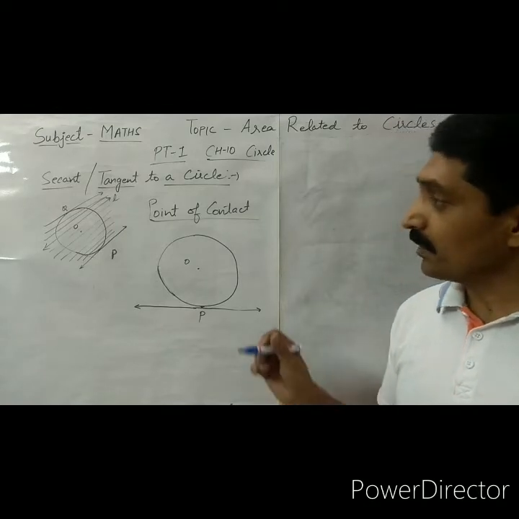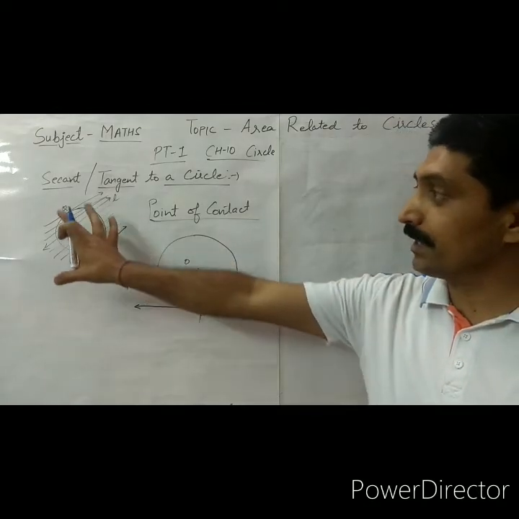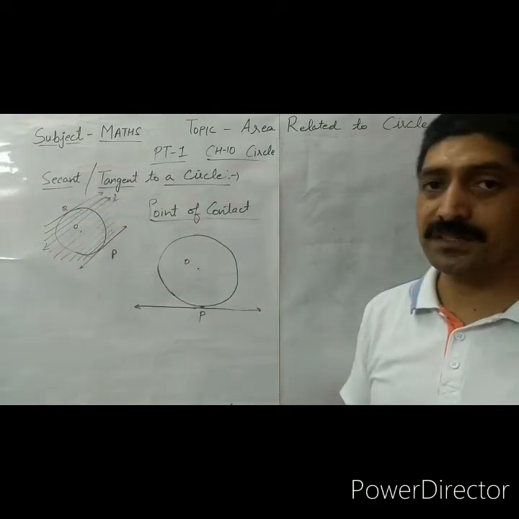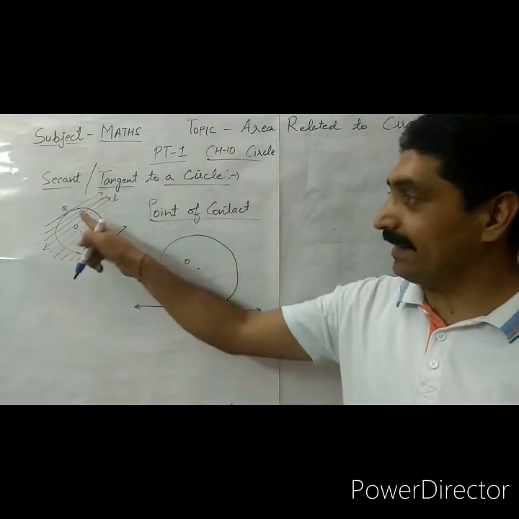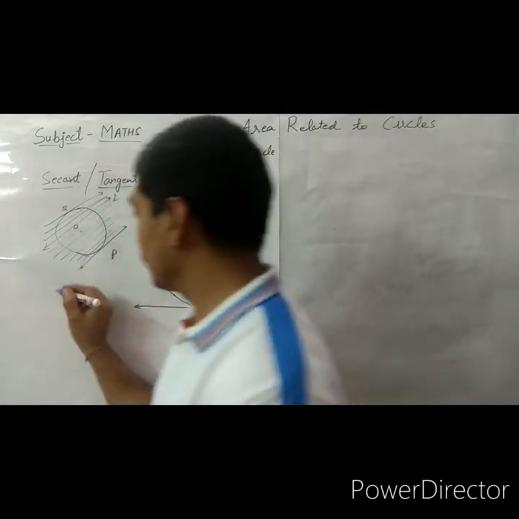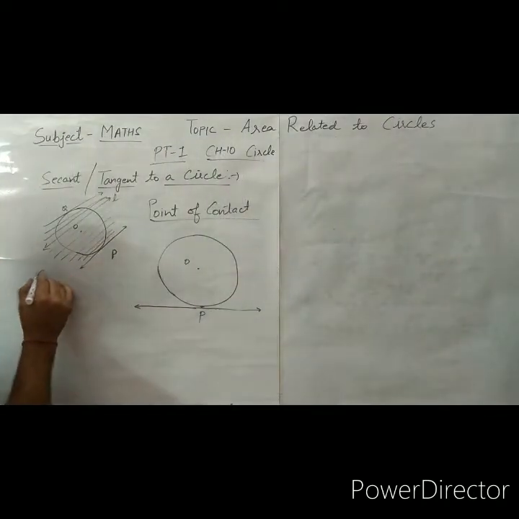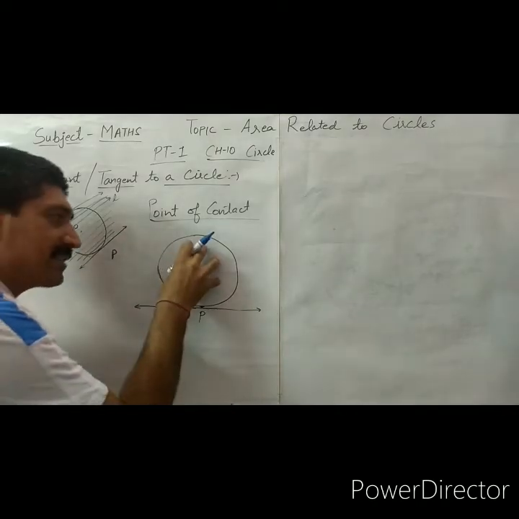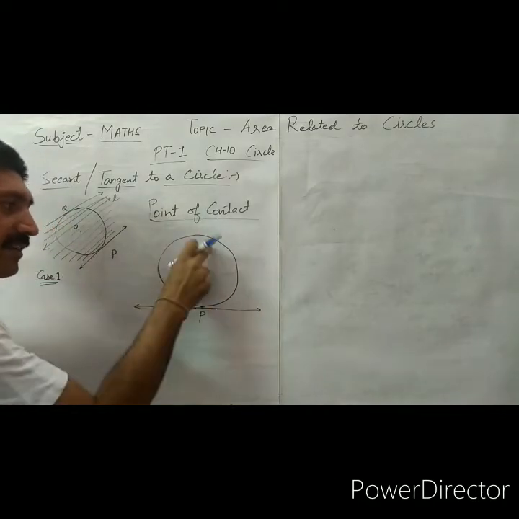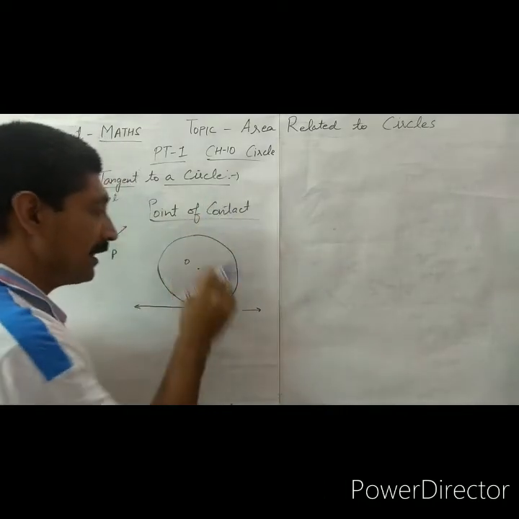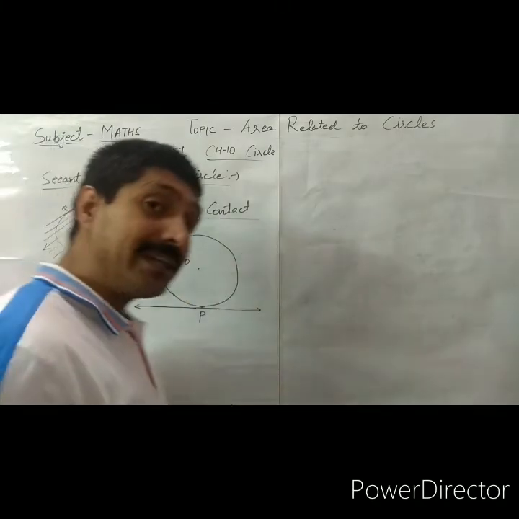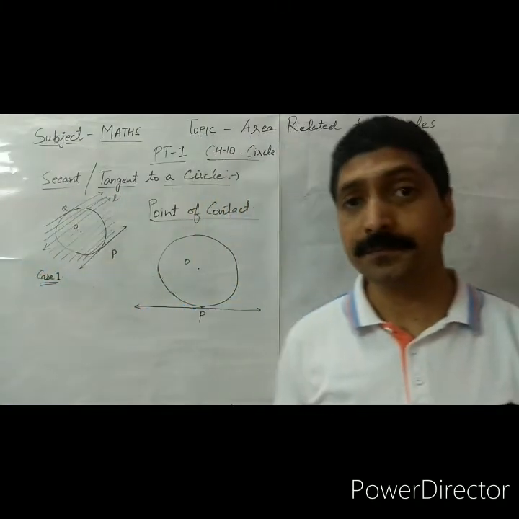So we have in total 3 cases with the circle and the line. Case 1: if we take any point inside the circle, can there be any tangent from that point?